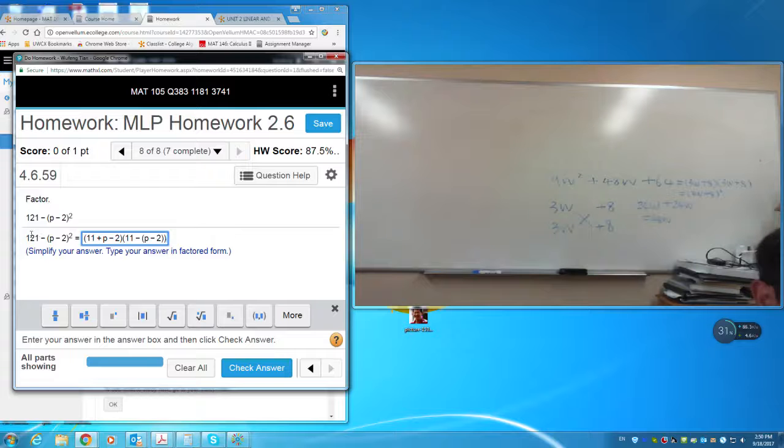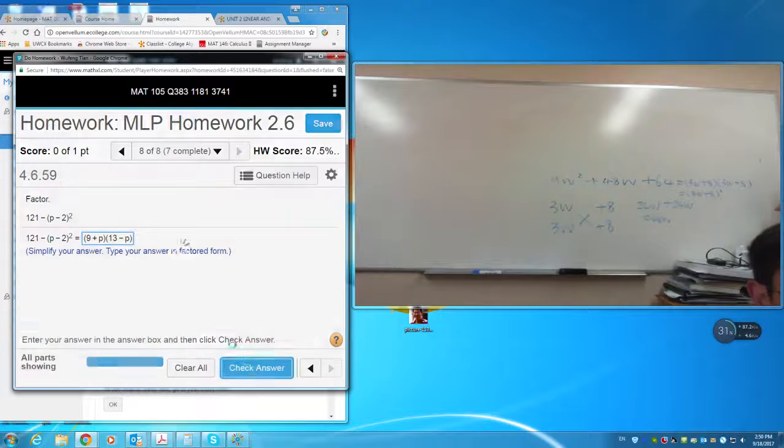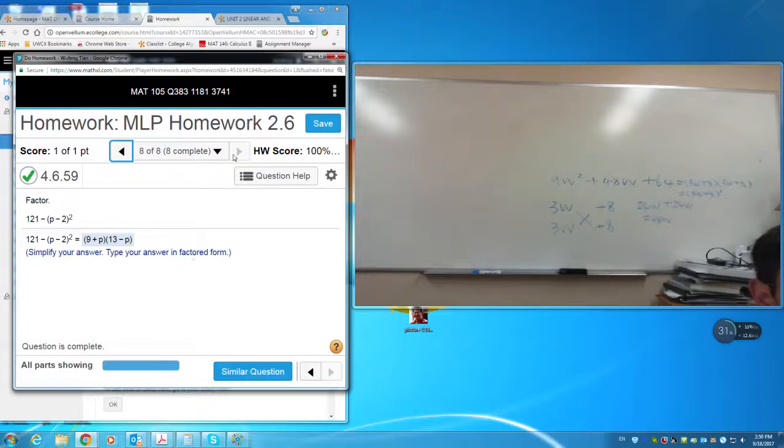Now we simplify it. 11 plus p minus 2 is 9 plus p, and 11 minus p minus 2 is 13 minus p. Or you can FOIL it out, simplify, then factor it.